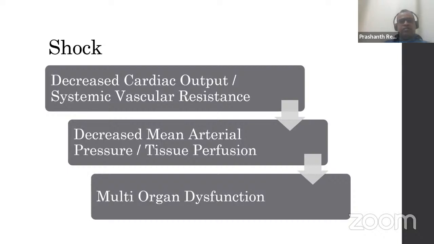Decreased cardiac output or decreased systemic vascular resistance, any of these can lead to decreased mean arterial pressure and systemic tissue perfusion, which will further lead to multi-organ dysfunction. These can all be avoided by using various goal-directed therapies before the multi-organ dysfunction comes in.